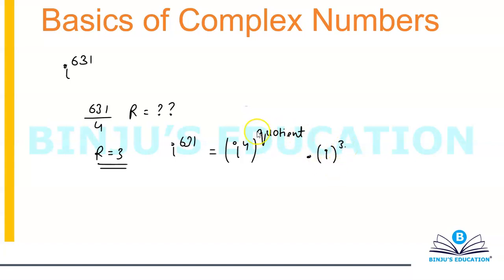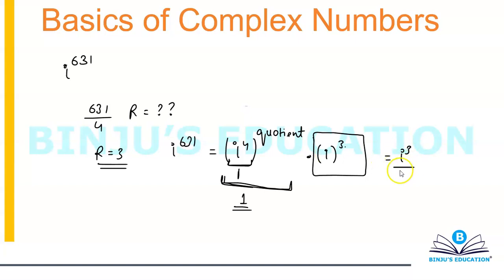Let that quotient be any number, it does not matter, because iota to the power 4 is equal to 1, and 1 to the power any number will always result in 1. So what matters is the remainder. This is again equal to iota cube, which is equal to negative iota.